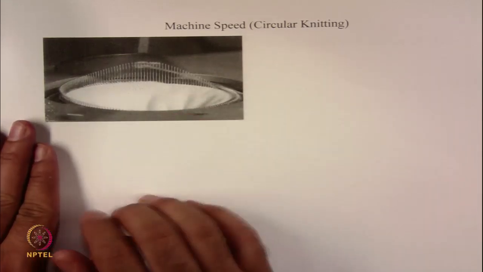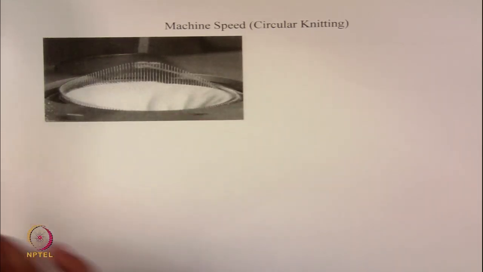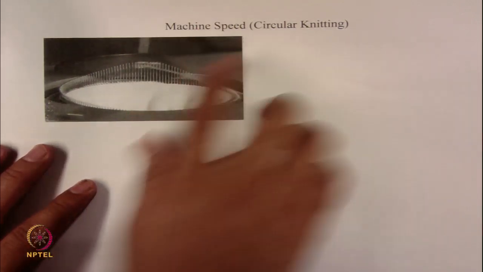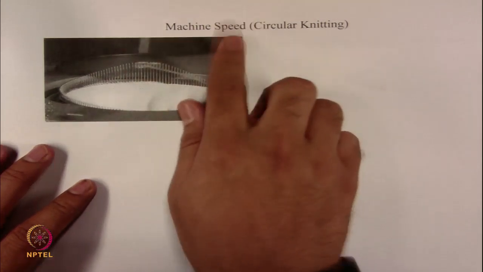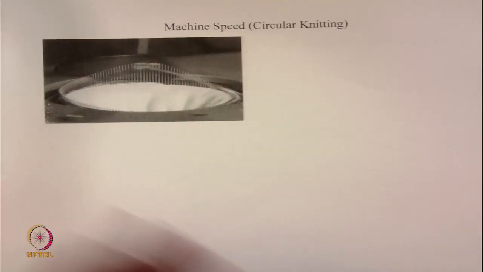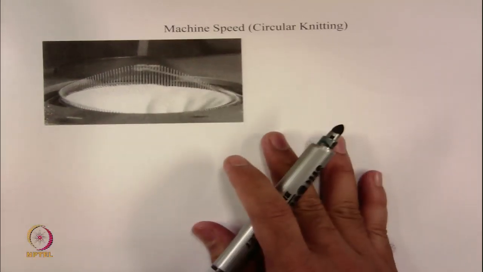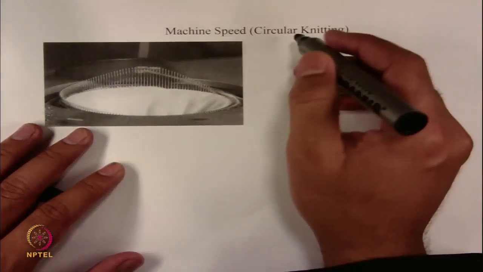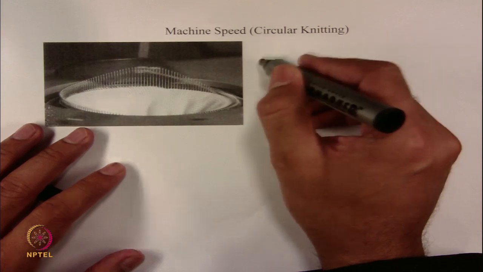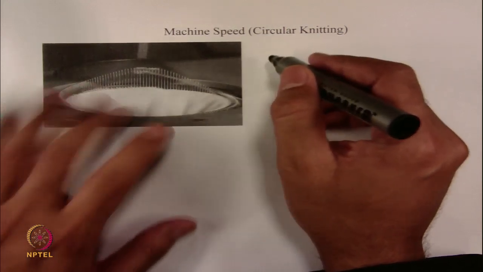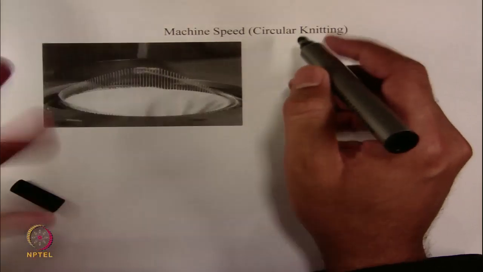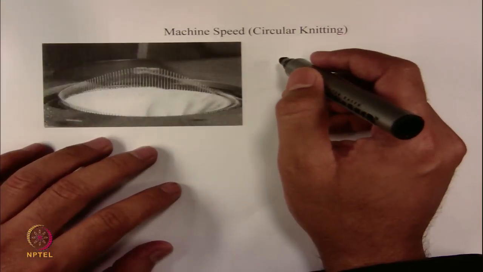This is the single feeder machine, and we first need to learn how we can express the speed. In reality, whenever you go to any manufacturer, you will usually get the diameter of the machine. Whenever a machine manufacturer sells the machine, it will give you the diameter value.